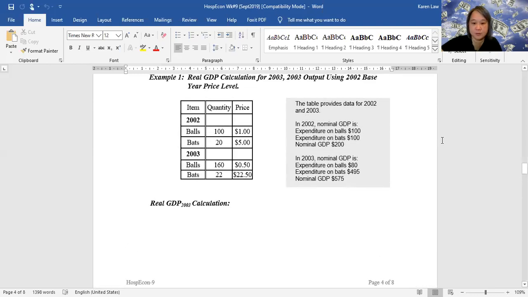You can see here that 2002 would be our old GDP and 2003 would be our new GDP.